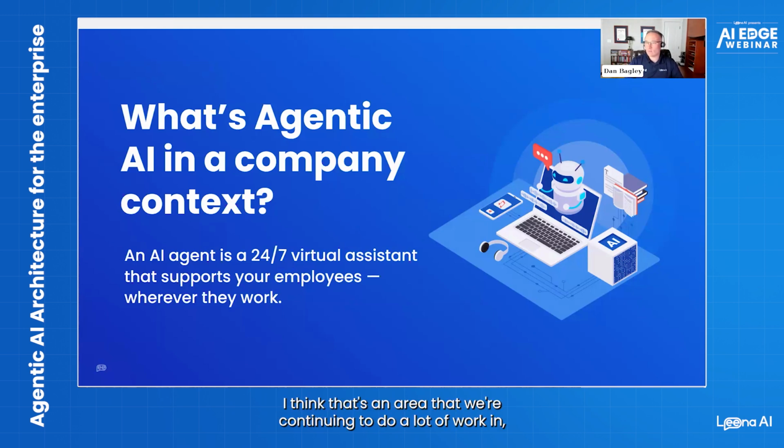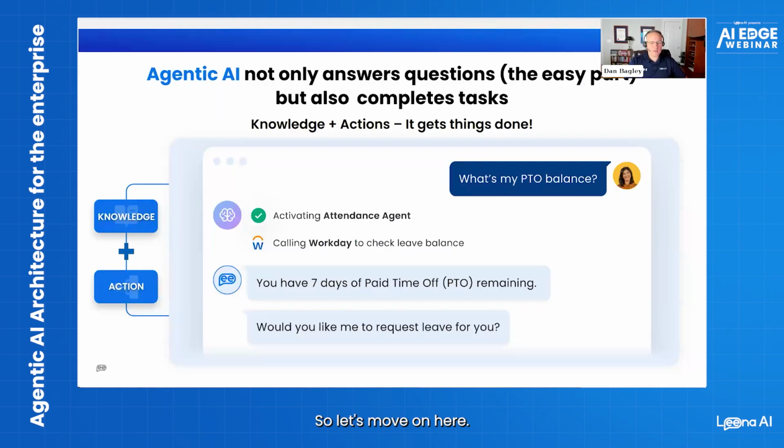I think that's an area that we're continuing to do a lot of work in. Our customers are very interested in it, but I think most enterprise organizations are moving cautiously as they approach that persistent and ongoing agentic experience. All right, so let's move on here.